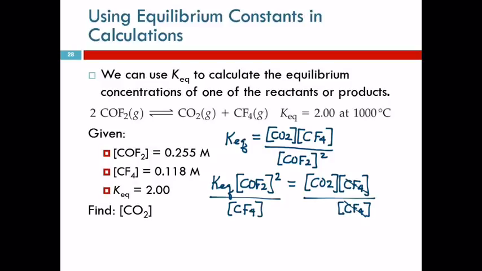So it's kind of messy, so it's nice to just rewrite it. CO2 equals KEQ times COF2 squared divided by CF4. The brackets just mean the concentration of what's inside in moles per liter.